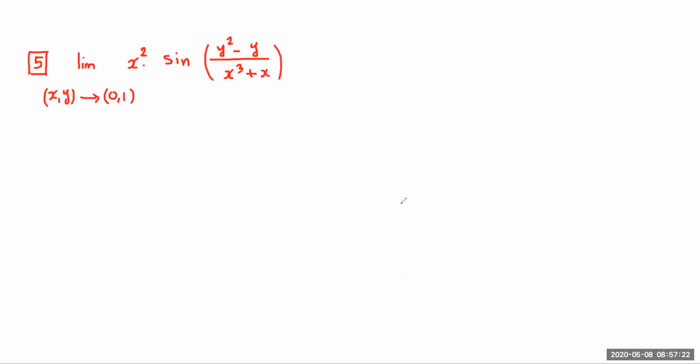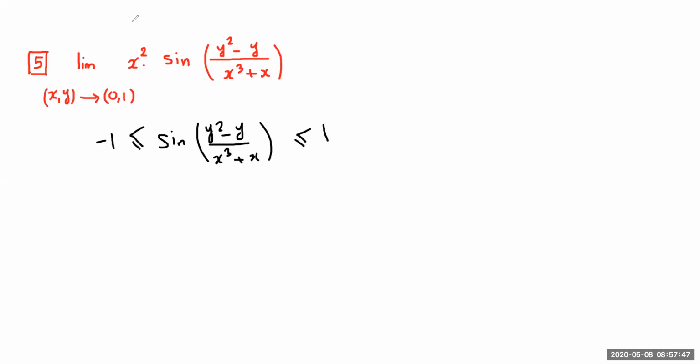Next exercise, and this is the last exercise. The limit of x² times sin((y² − y)/(x³ + x)). So here, this term sin((y² − y)/(x³ + x)) is always between minus 1 and 1.